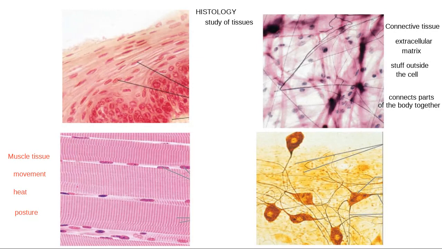Yeah, so this picture here, the left on the top, is what we call epithelial tissue. Epithelial tissue, the best way to remember it is that it's covering and lining tissue, meaning it covers the outside of your body and it lines the inside of your body.